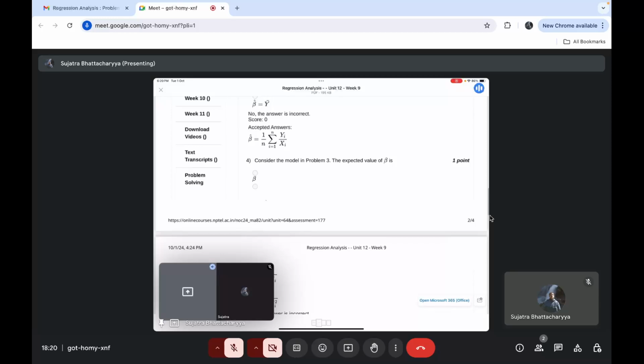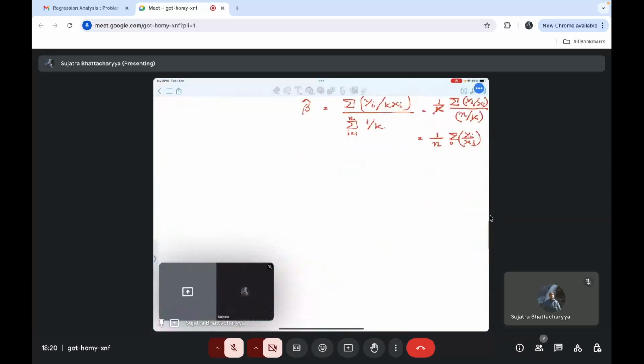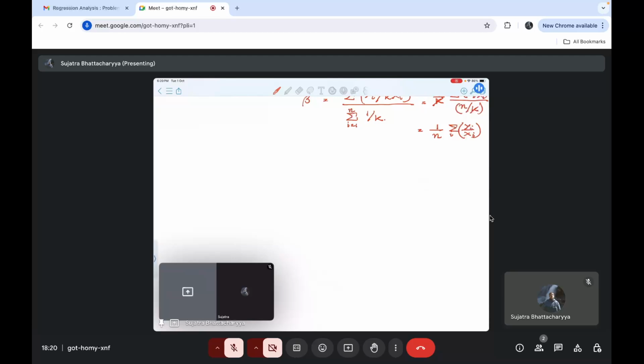Fourth is: consider the same problem 3. Expected value of beta hat is. Well, fine. So in the fourth question, you have been asked to find the expected value of beta hat, the unbiased estimator.